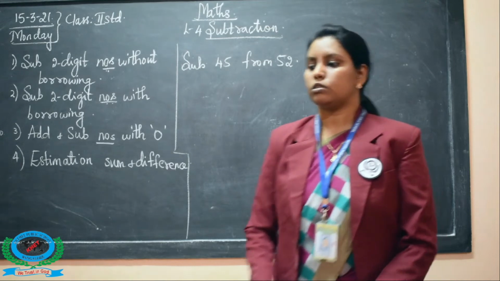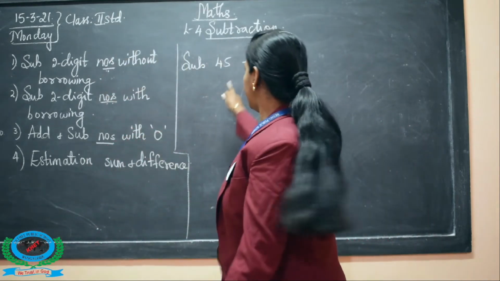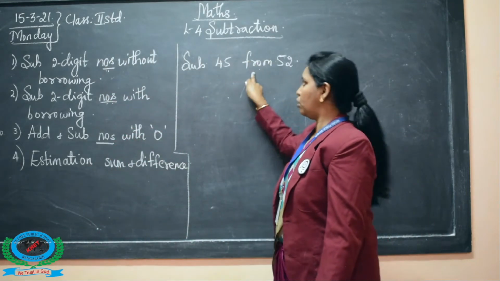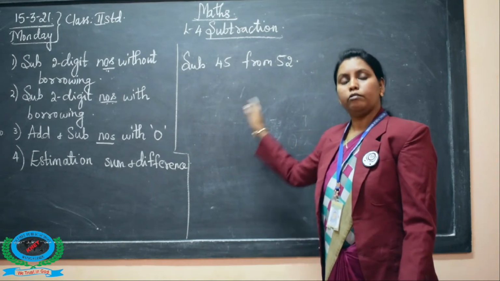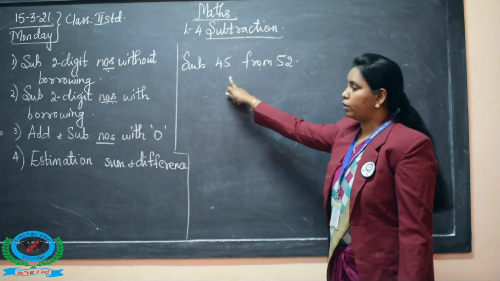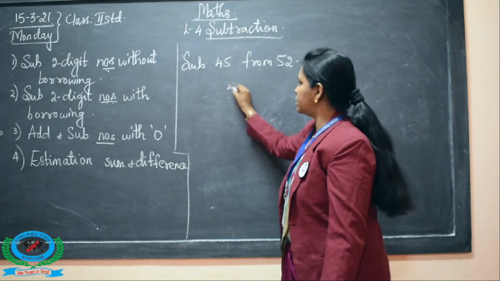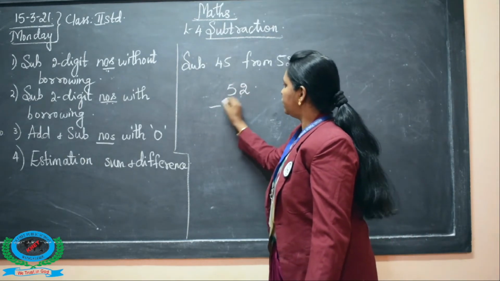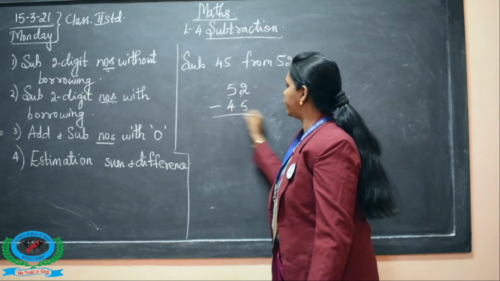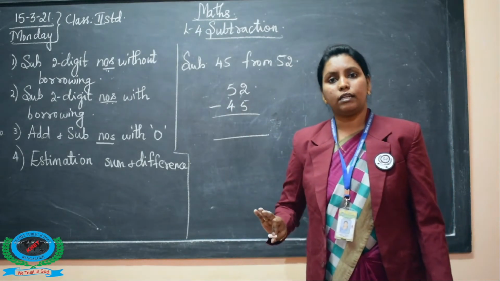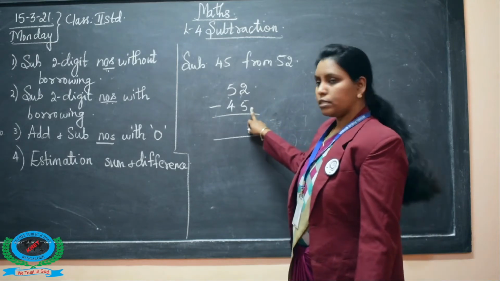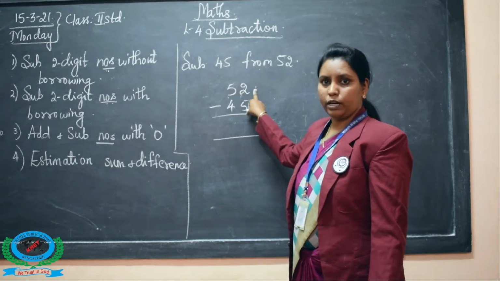So this is the next number, that is subtracting 45 from 52. So here which is a greater number? 52 is the greater number and 45 is the smaller number. So arrange it: 52 minus 45. So here also same case as in the last sum. 5 is greater here and 2 is a smaller number here.